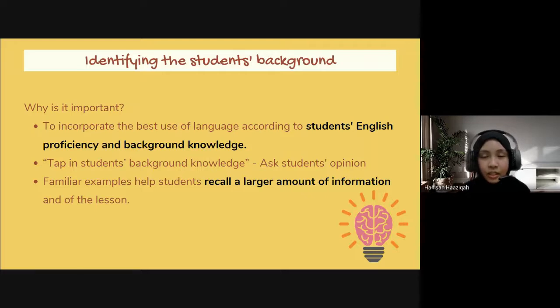From the students' opinions, teachers receive feedback and can measure the students' comprehension of the lesson before they start. When the teacher taps into students' background with familiar examples related to their culture and upbringing, it helps students recall a larger amount of information from the lesson.